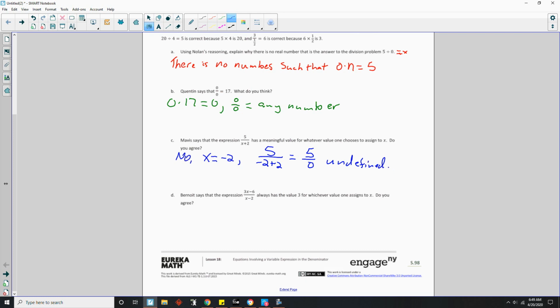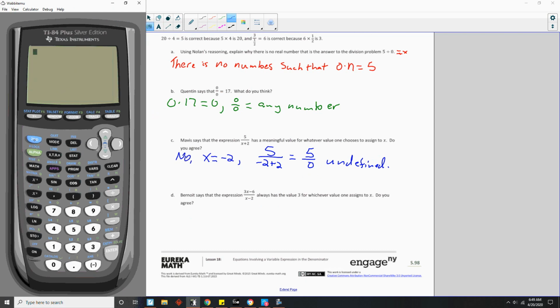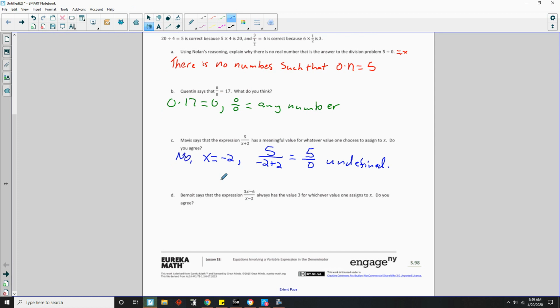If you put it in your calculator, it'll say error, divide by 0, and I'll show you that. So if I turn on my calculator and I do 5 divide 0, enter, error, divide by 0. Can't do it. Okay? All right, part D.